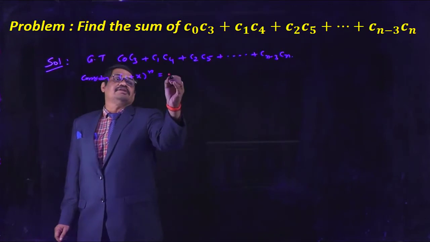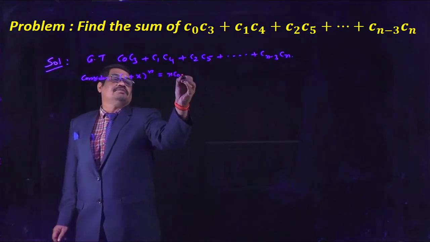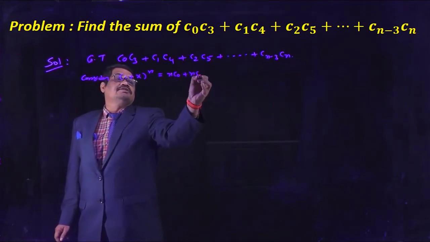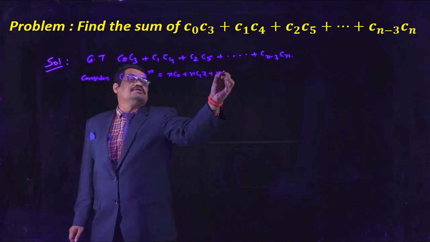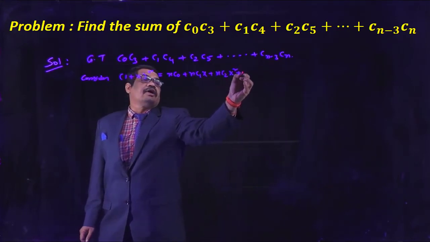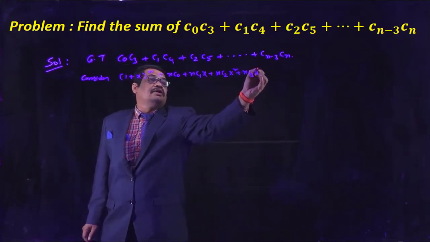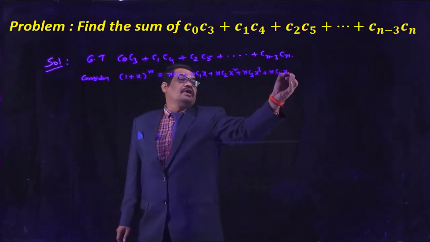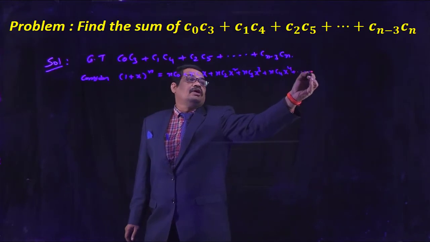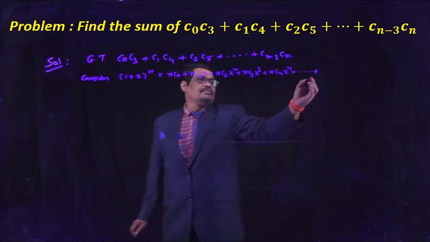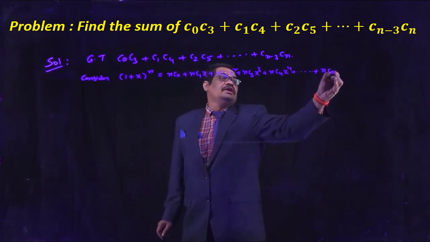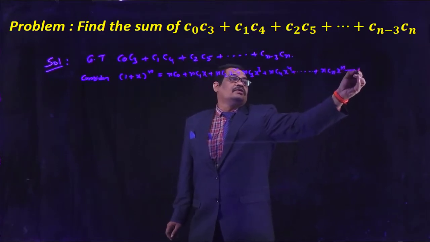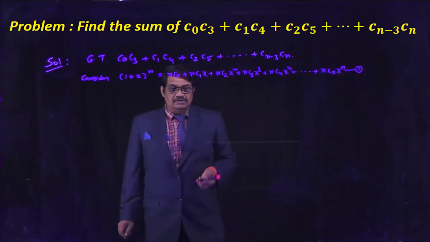Now this expansion is nC0 plus nC1 x plus nC2 x square plus nC3 x cube plus nC4 x to the power of 4 and so on plus nCn x to the power of n. This is equation 1.